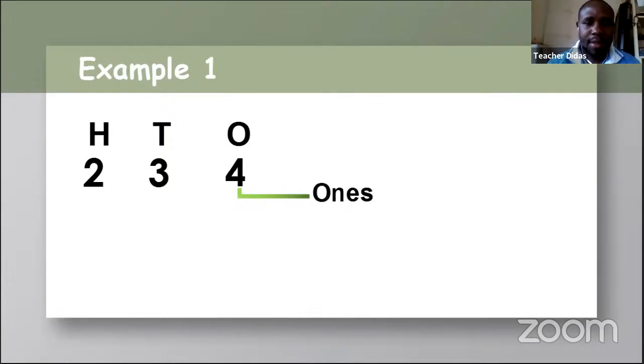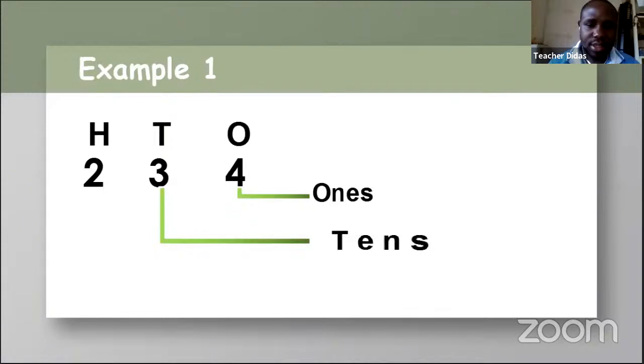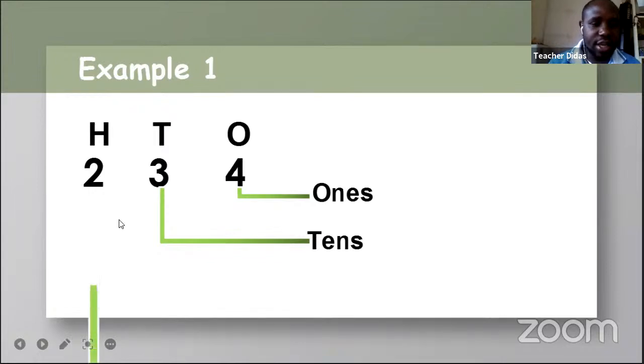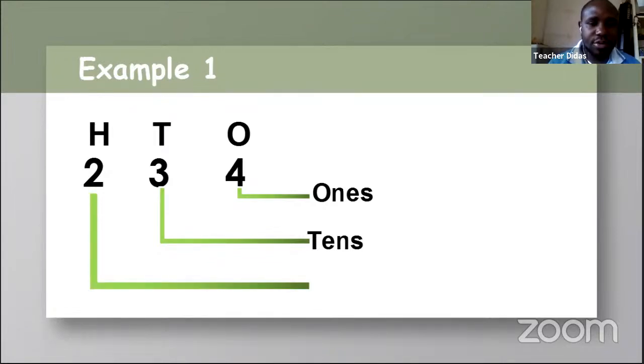The second, its place value is tens. And the last one here, its place value is hundreds.